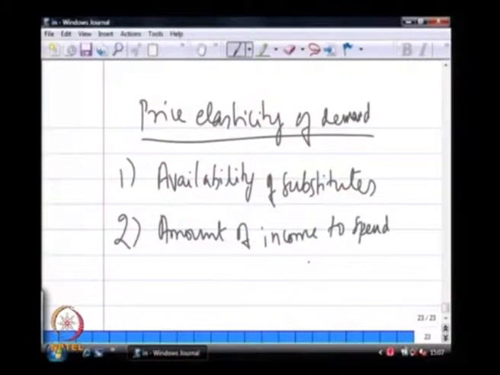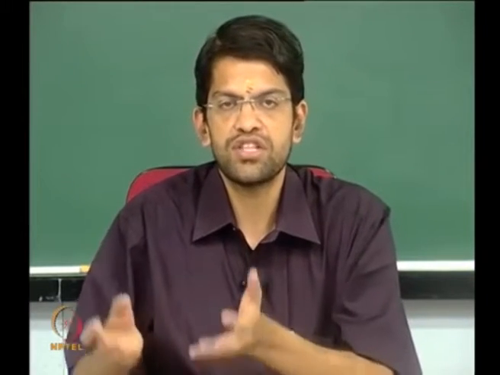So if there is an increase in price and there is no change in the amount of income that is available to spend on this particular good, there will be an elastic reaction in demand. It is this elastic reaction that makes this demand more sensitive, because a change in price in this case is not supported by an equal change in the amount of income available on hand, so that the amount consumed could also be the same.